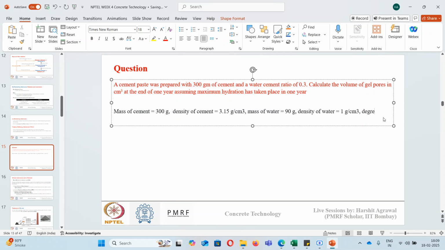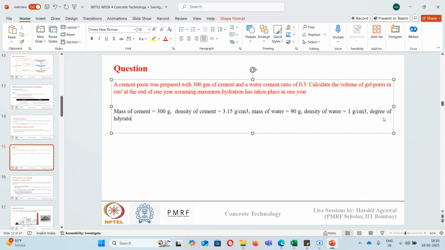Then we have been given maximum hydration, so we need to assume the degree of hydration as 100%. Though in actual conditions 100% may not be possible in any binder combination, right now we are assuming 100%. And density of cement paste I am taking as 2.51.